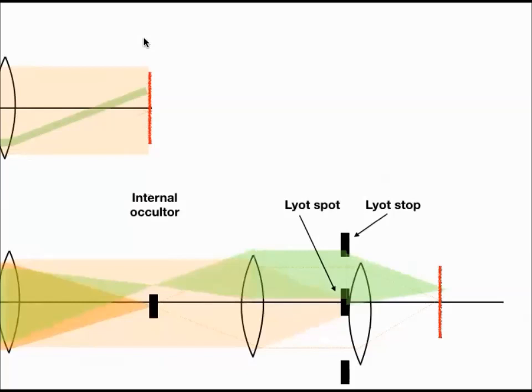They attach another tube to the initial telescope, and where the focal plane used to be, we put another occulter, another disk. It's called now an internal occulter because it's inside your telescope. The image that comes from the sun is now projected on this black disk and is lost. This light is absorbed, and you got rid of that.